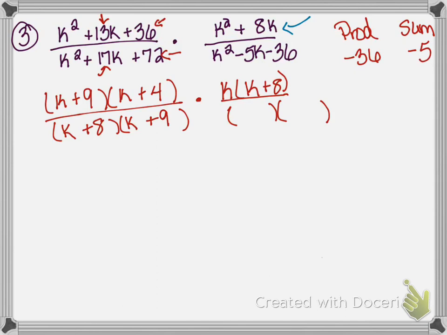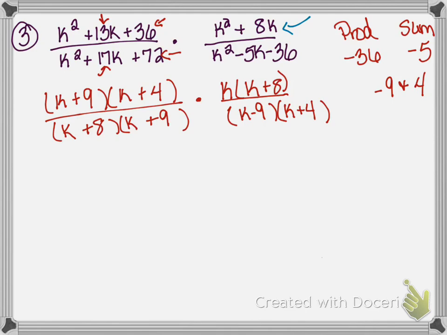My sum is negative 5. So our numbers here are negative 9 and positive 4. Negative 9 plus 4 is negative 5. Negative 9 times 4 is negative 36. So we're going to have k minus 9 and k plus 4.